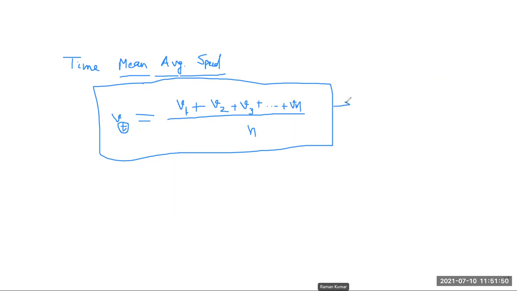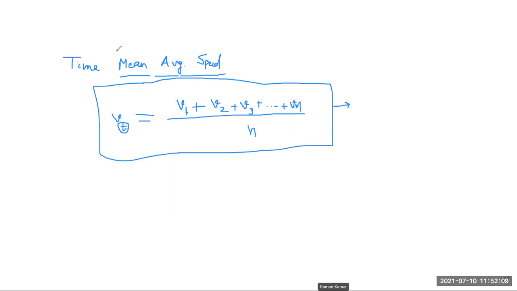So remember this also, because in many examinations they ask: space mean average speed is option A arithmetic mean of spot speed, option B geometric mean of spot speed, option C harmonic mean of spot speed, option D none of these.